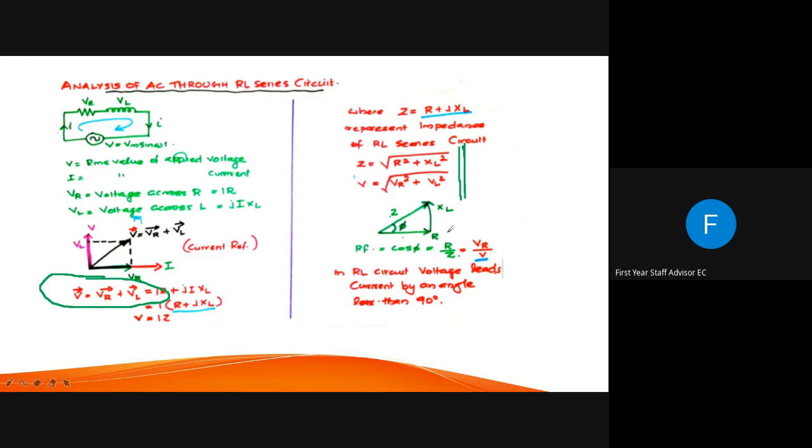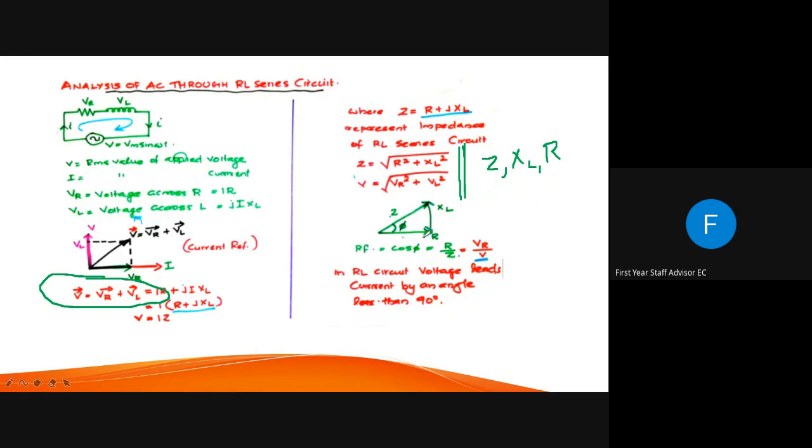Now about the three terms, R, XL and Z. You can draw a resistance triangle.